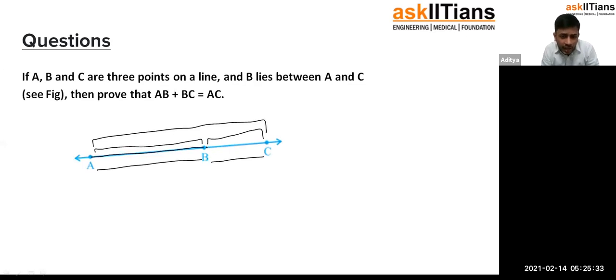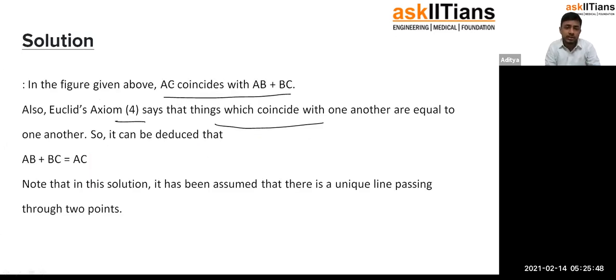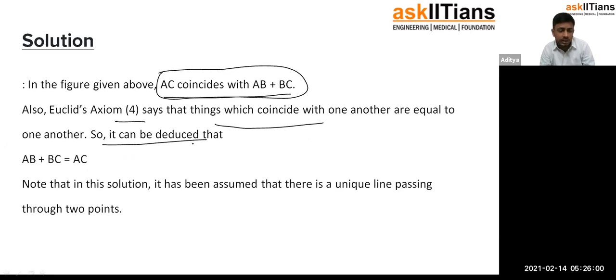To this, if I add the length BC, of course, we are going to get this entire length, and this entire length exactly coincides with AC. Hence, since they coincide exactly, using Euclid's axiom 4, things which coincide with one another are equal to one another, and hence it can be deduced that AB plus BC is equal to AC.